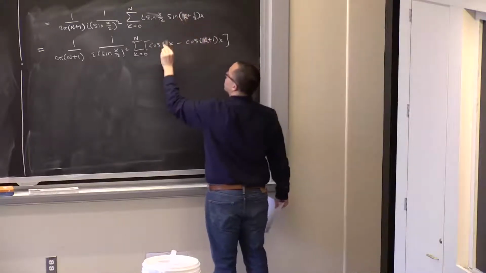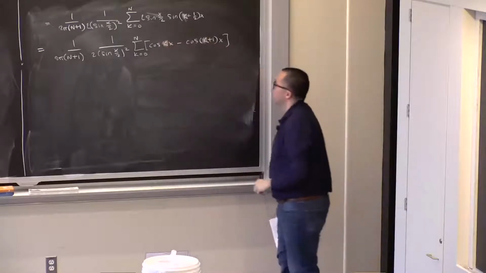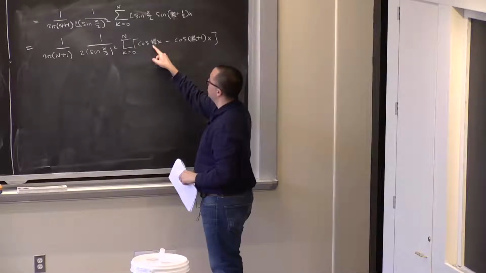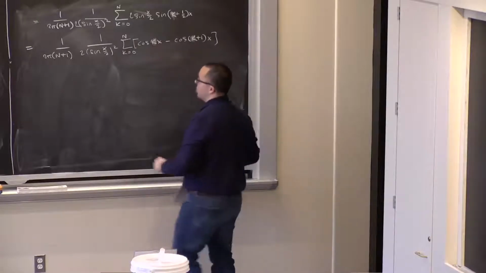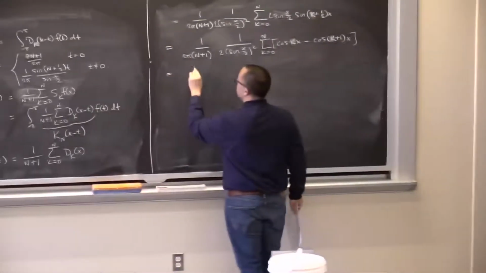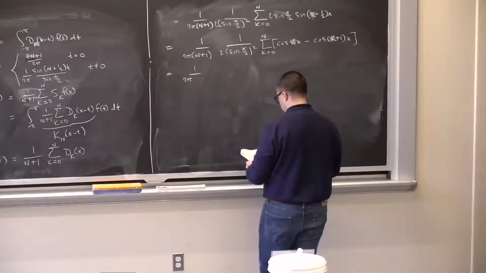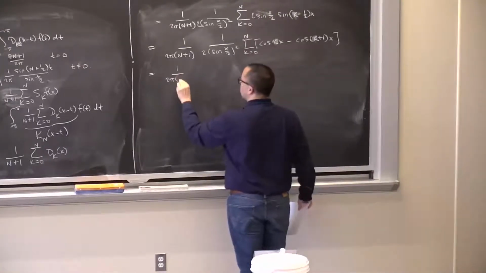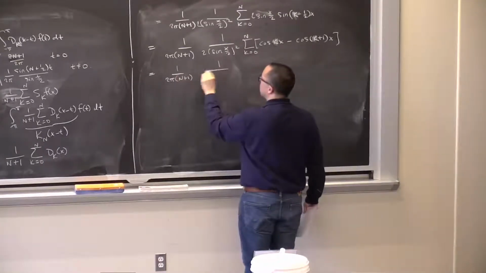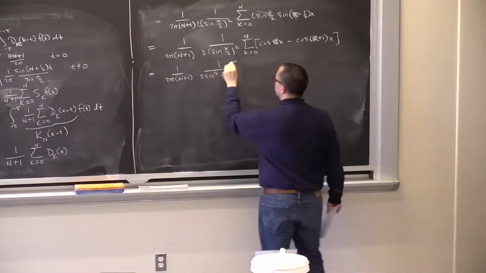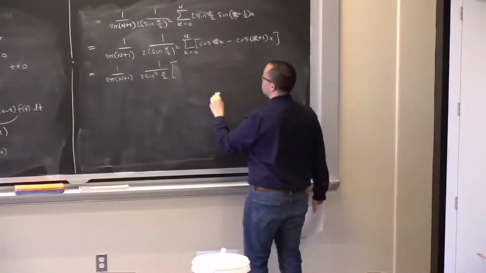All right? Now this is a telescoping sum, right? I have a cosine kx and a cosine (k plus 1)x. So let's just write this out, and let me indicate why this is a telescoping sum.